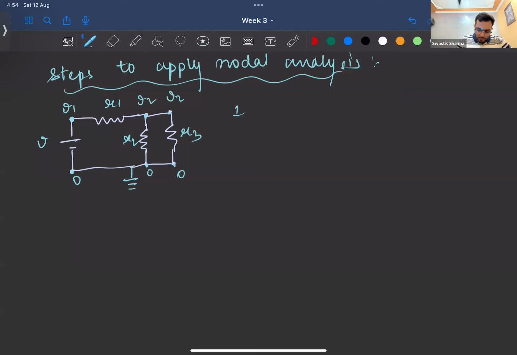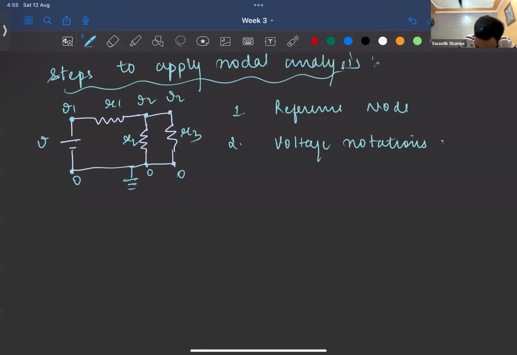So what is the step? First of all, figure out a reference node and write voltage notations at all non-reference nodes. Very good.